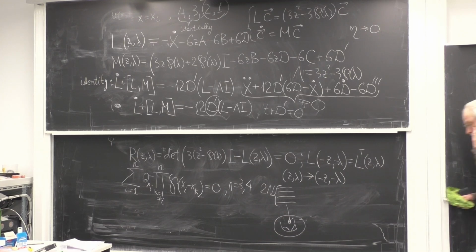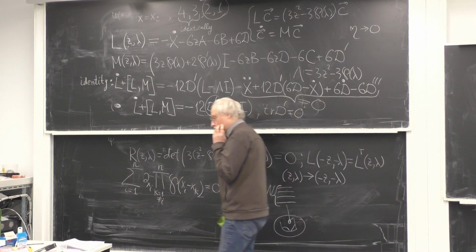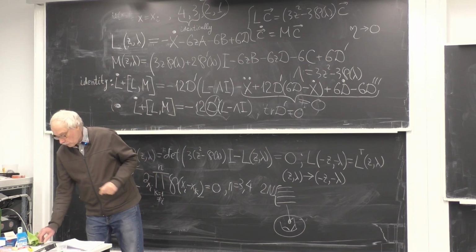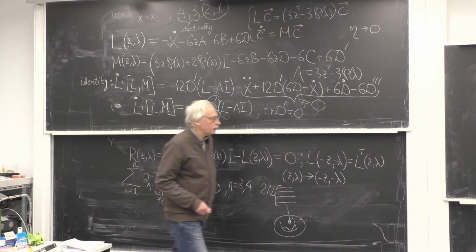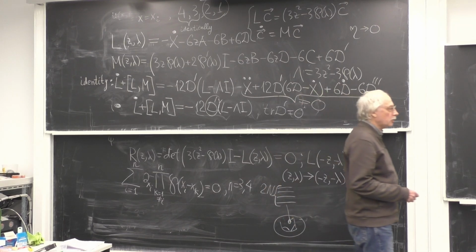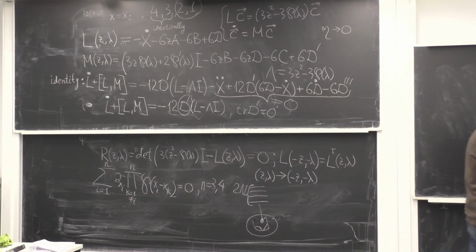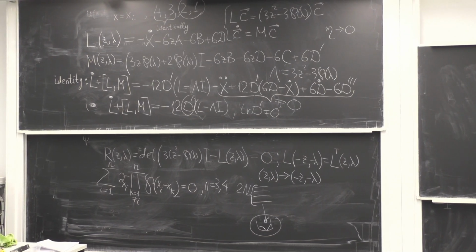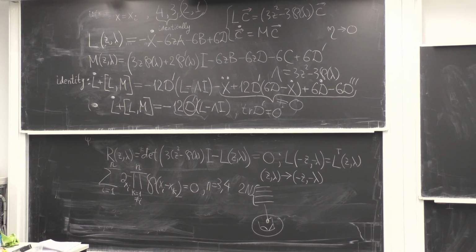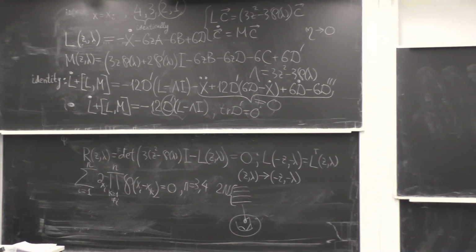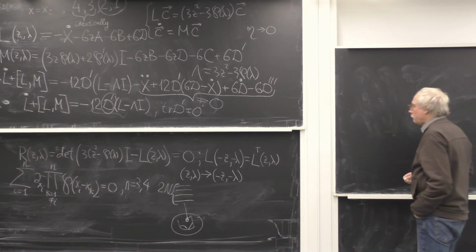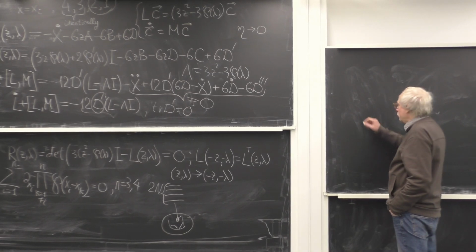And the last remark about this system is that it can be obtained from the usual Calogero-Moser elliptic system in the following way.